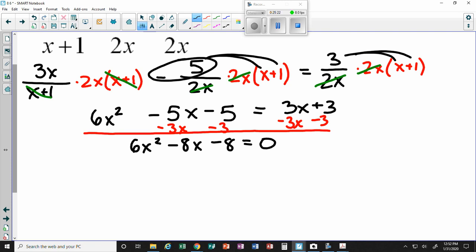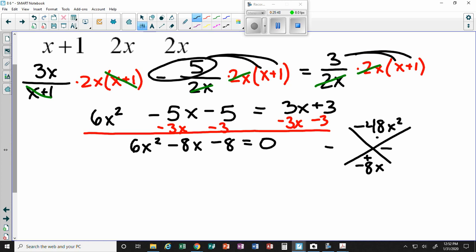So how do I solve that? Trinomial? So how am I going to factor that trinomial? So factors of negative 48 that add to negative 8.